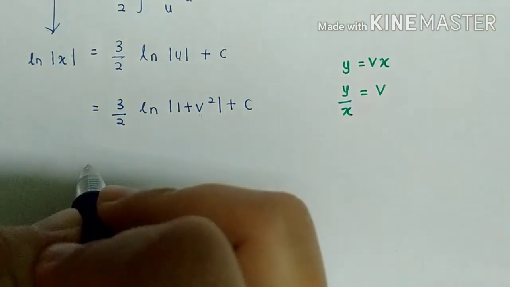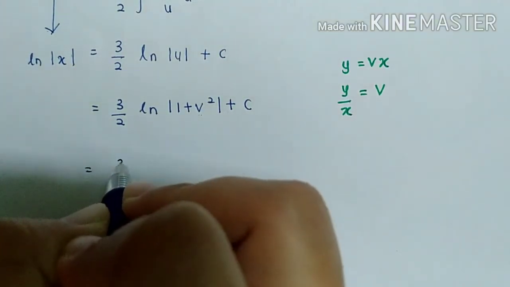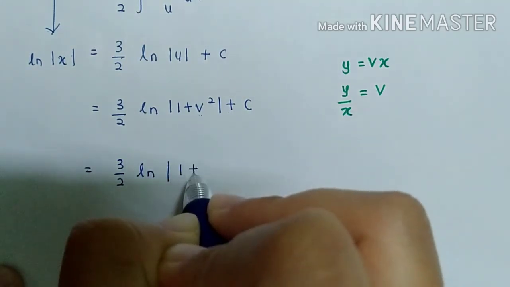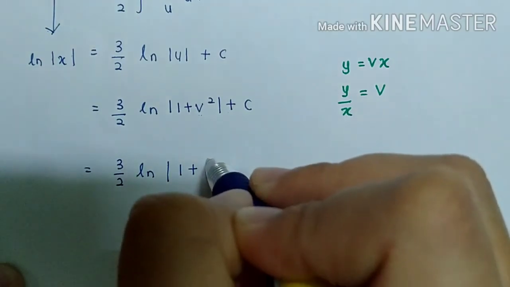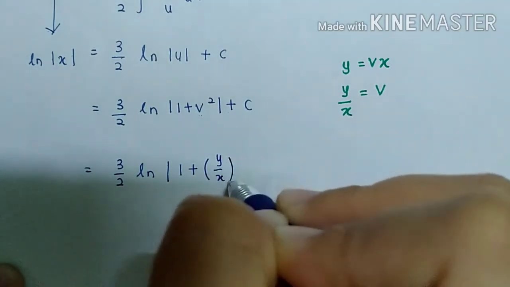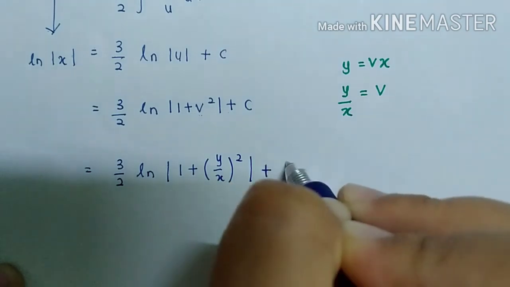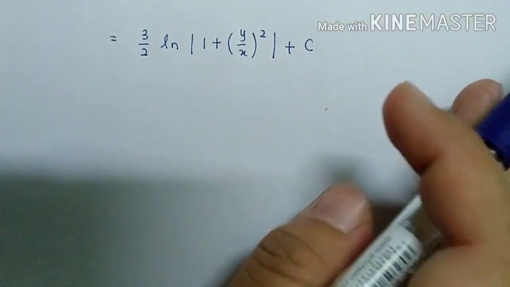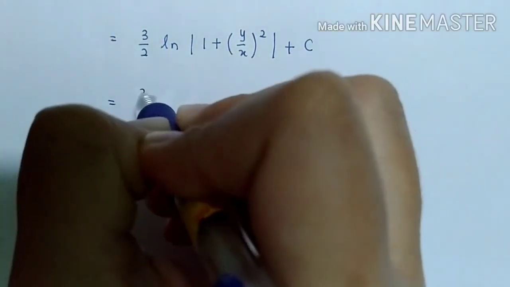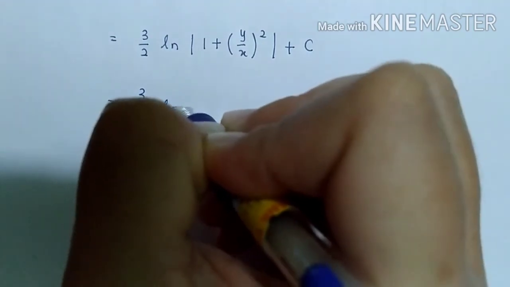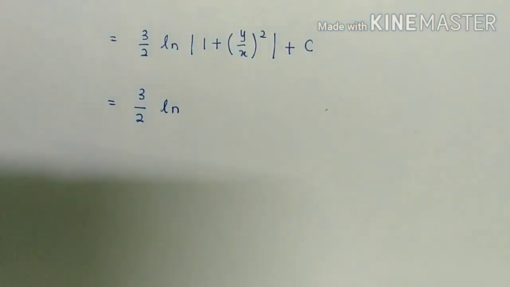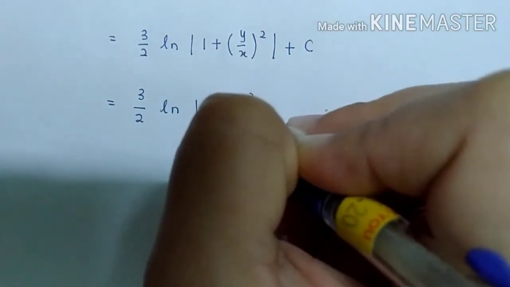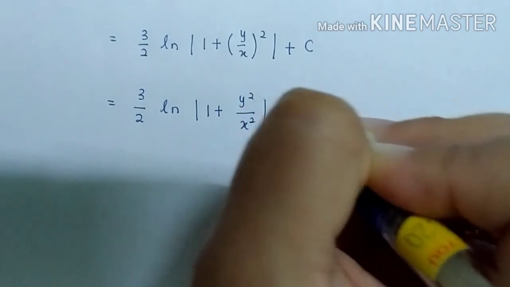So if we substitute into this equation, we can get 3 over 2 ln 1 plus y over x, and then square, plus c. So we simplify, we can get 3 over 2 ln 1 plus y square over x square plus c.